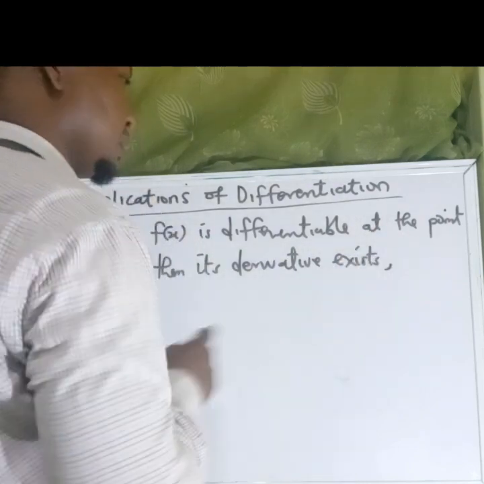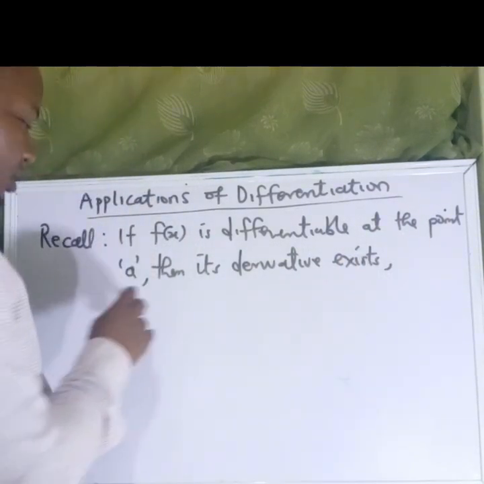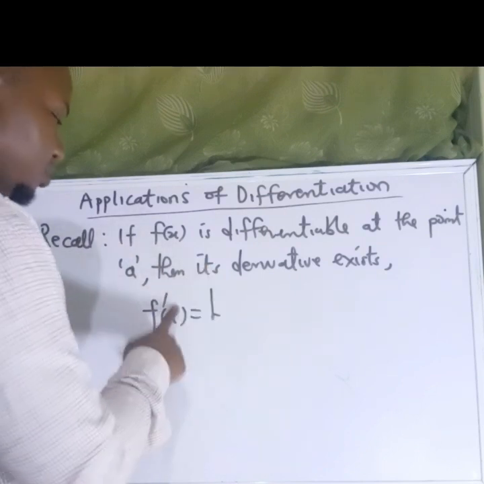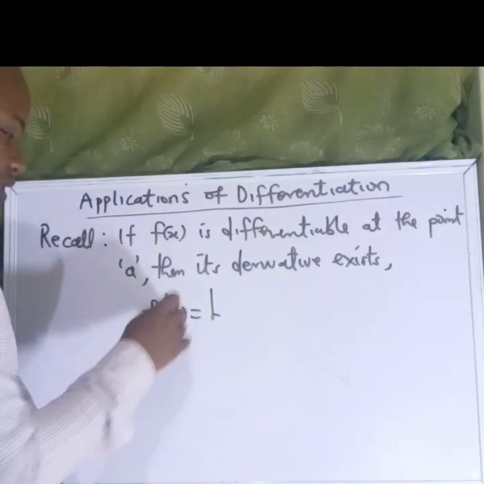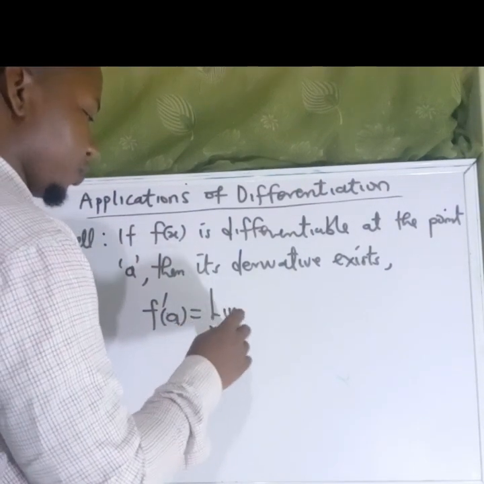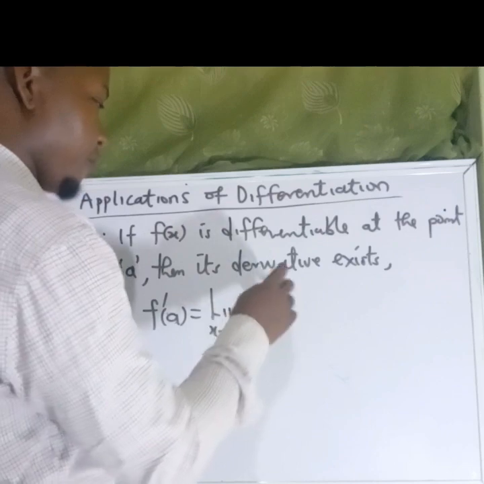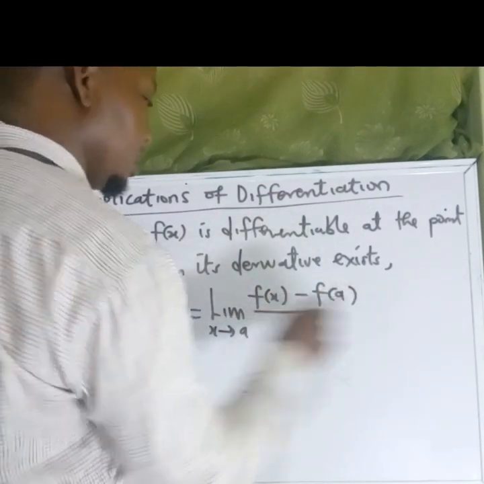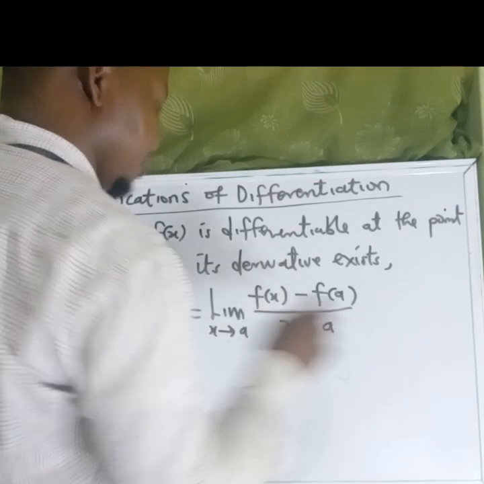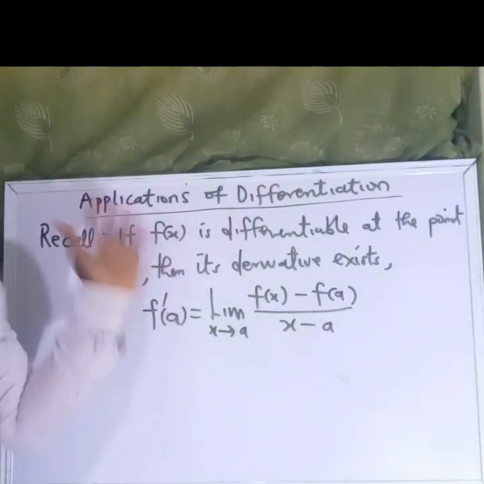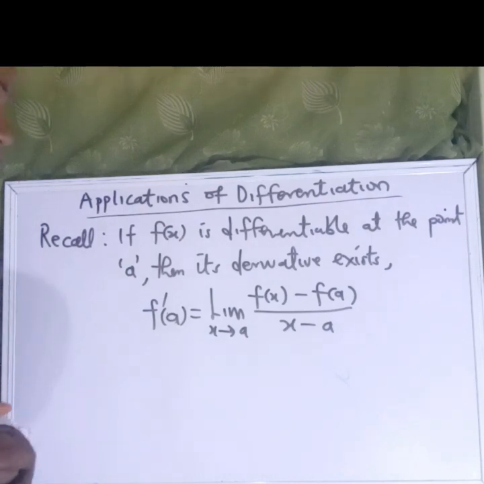And what we mean by this is that the derivative f prime of A is equal to the limit as x tends to A of f of x minus f of a, divided by x minus a. Okay, so we recall this definition from our previous video.